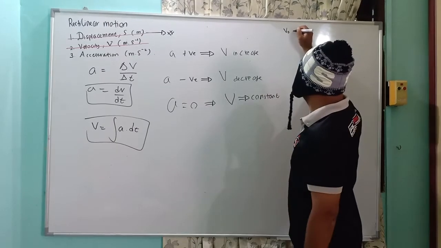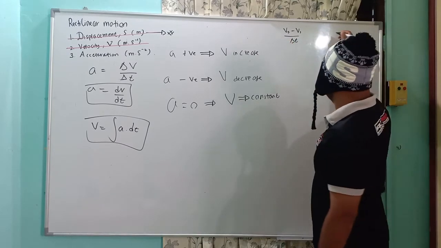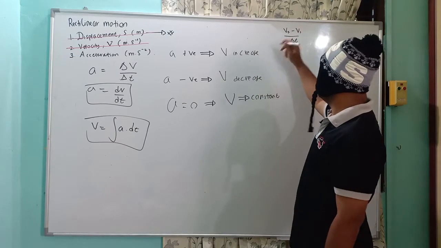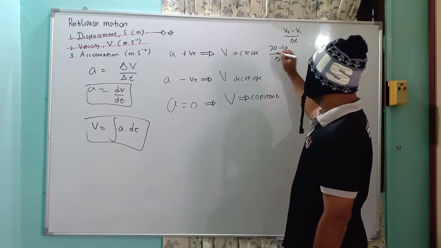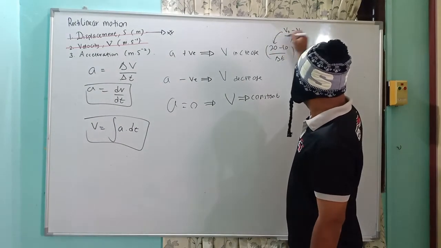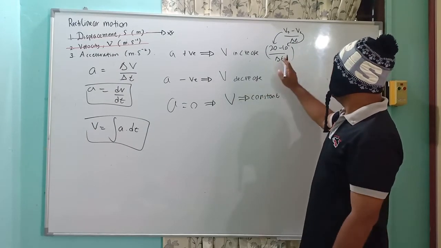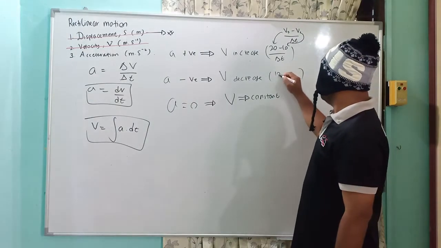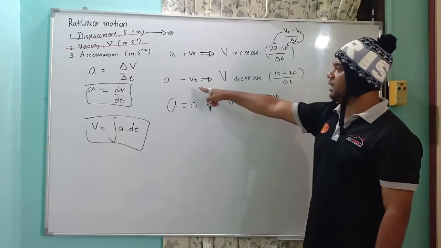Delta V is V2 minus V1, divided by delta T. So V2 is bigger than V1, let's say 20 minus 10 divided by delta T. So we have positive. In this case V decreases, meaning V2 is smaller than V1, so 10 minus 20 divided by delta T. So that's why we have negative.